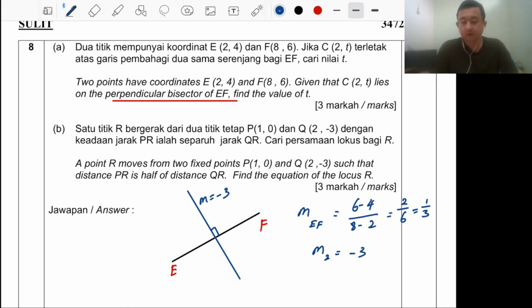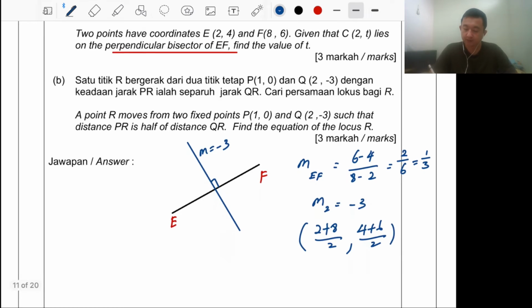One more thing, we need to find the midpoint of EF. So the midpoint of EF will be, 2 plus 8 for x, 4 plus 6 for y. Midpoint, (5, 5).